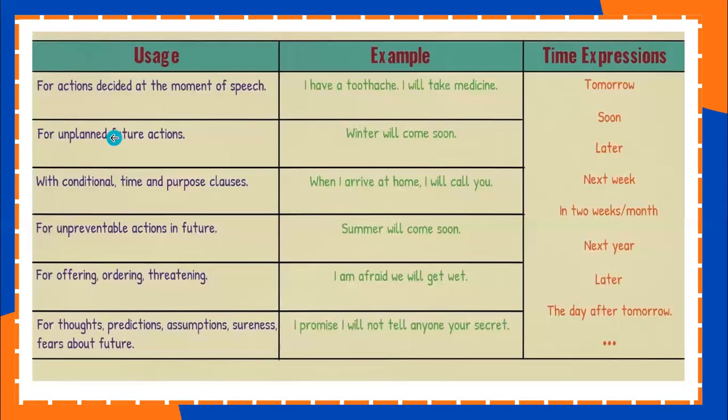En el caso for planning future actions, por acciones que no están planeadas, we can say winter will come soon, or rain will come soon. La lluvia va a venir pronto o va a llover pronto. So, and this is the difference, guys, between will and going to. Going to is 100%.